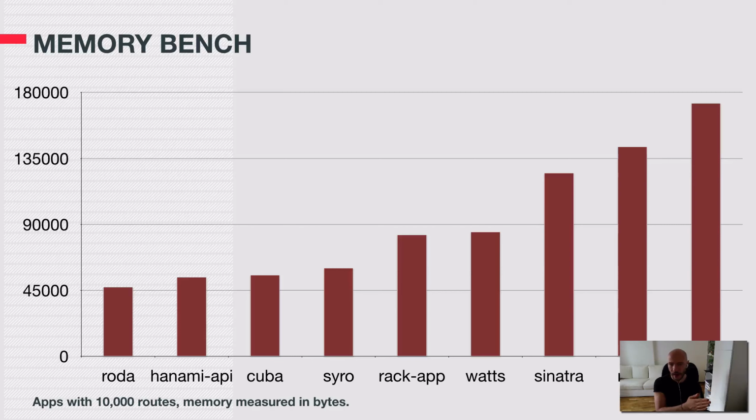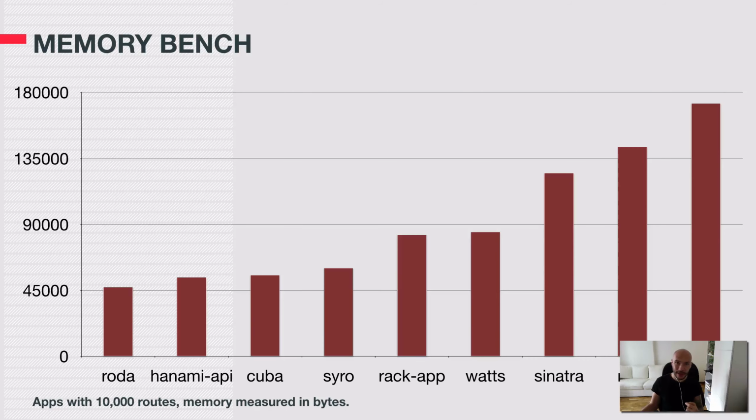And then on the right side of this slide, you have Sinatra with 125 and Rails with 143 megabytes occupied, just booting an app with those frameworks with 10,000 routes. This is important because the less memory you occupy, the better. It's more lightweight for your server, right?